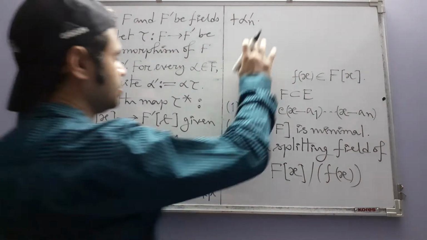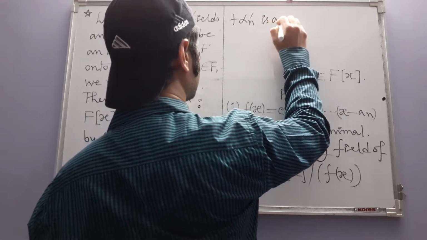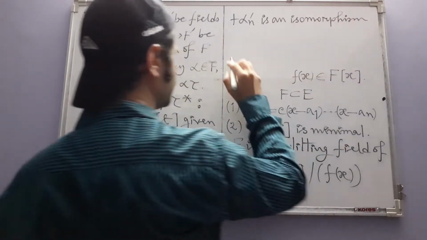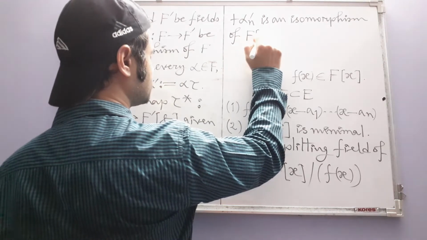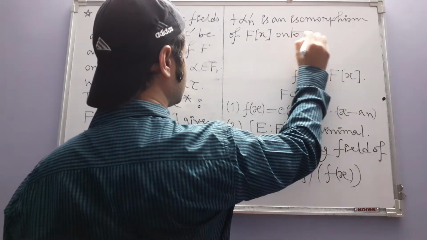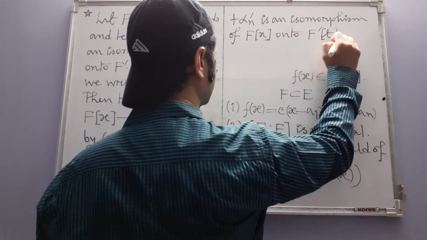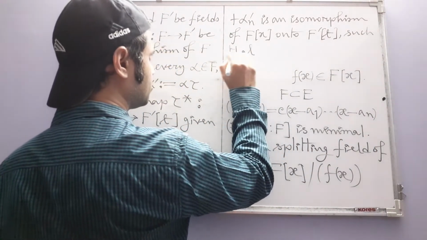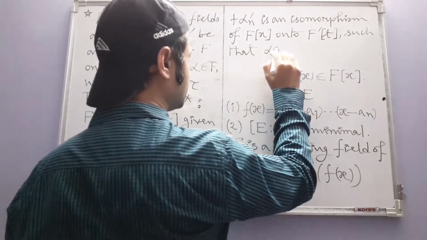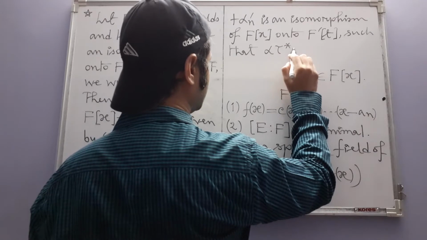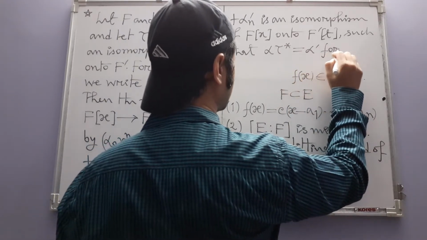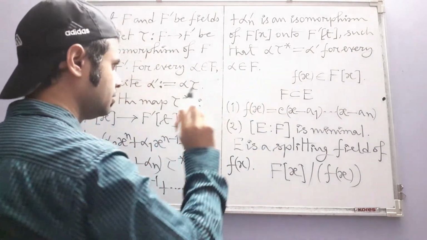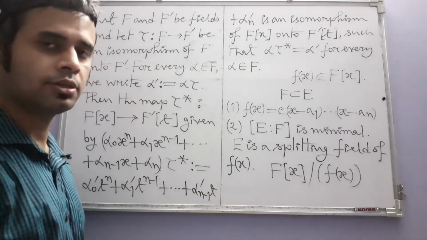Okay, then this map is an isomorphism of the ring F[x] onto the ring F prime[t] such that alpha tau star is equal to alpha prime for every alpha belonging to F. This is what we proved in the previous field theory video.